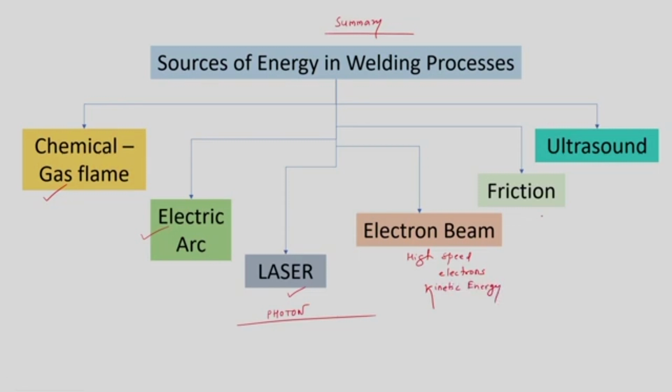And friction, the thermal energy generated due to friction, and ultrasound or ultrasonic vibrations are also used. Now, let us see how the lasers are useful to join the parts together.